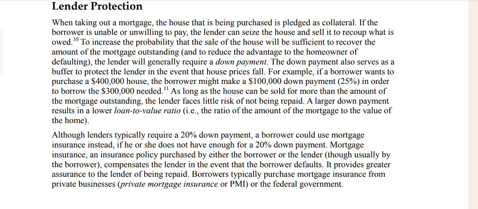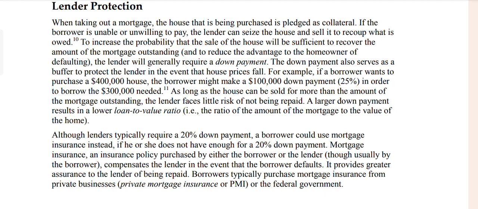For example, if a borrower wants to purchase a $4 lakh house, the borrower makes a $1 lakh down payment, 20% down, in order to borrow the $3 lakh.